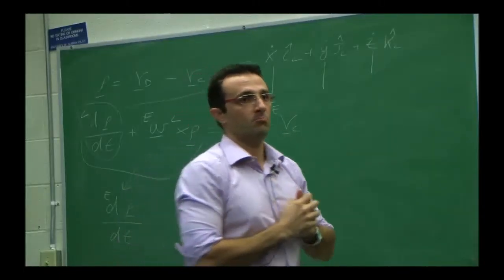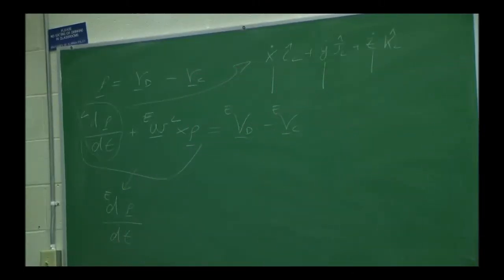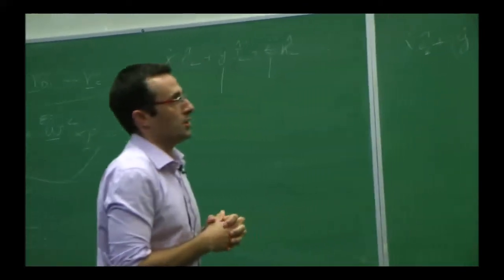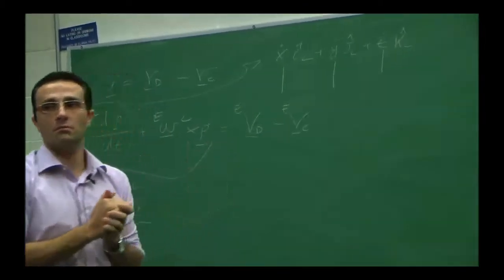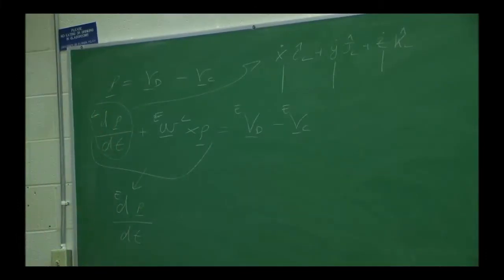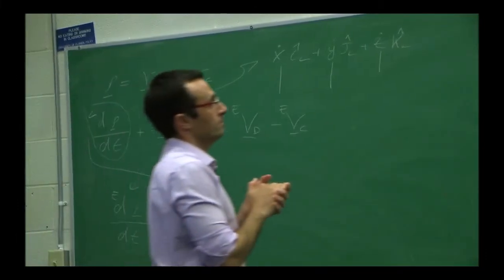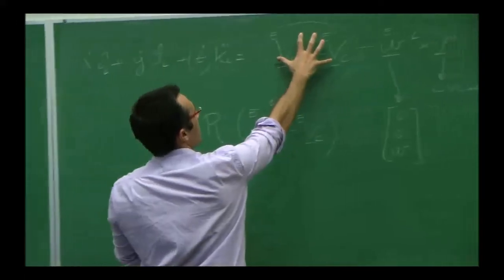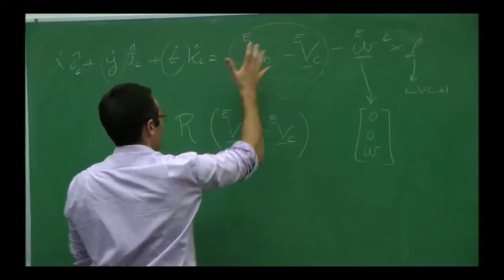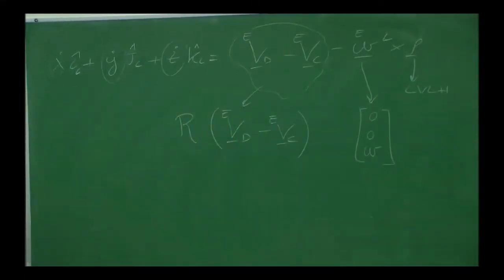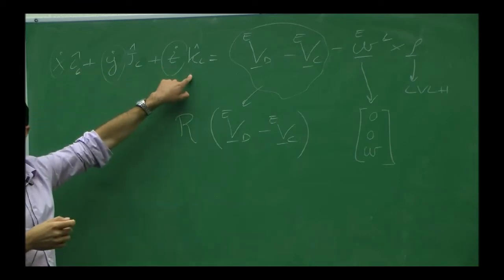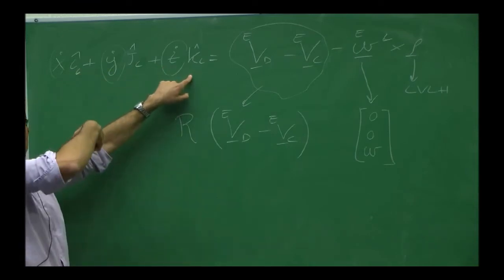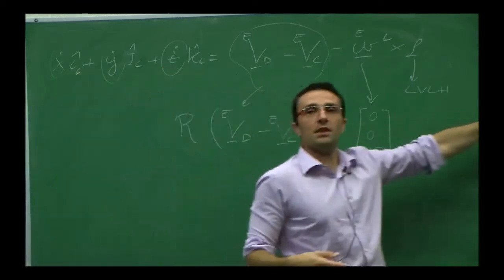Okay, and then you just have to subtract the rotation. I have to subtract this term, which is due to the fact that the LVLH basis is not fixed, it's rotating. Yes? So R times that will just take this, which is probably a vector expressed in a basis which is not this one, and move it to that basis. Exactly the same thing that I've done here.